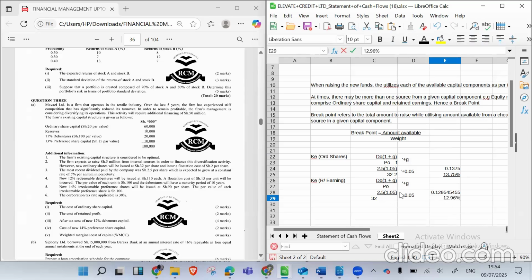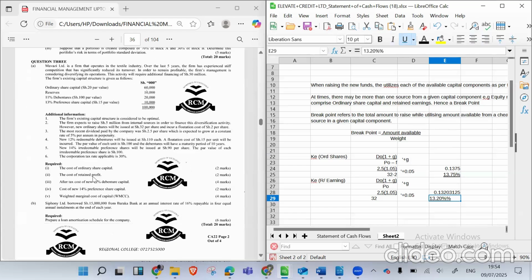You're getting what? 13.2. Somebody confirm. Yes, I'm also getting 13.20%. Yeah, true, 13.20. So 13.20%, that's fine. So that gives us the cost of retained earnings.